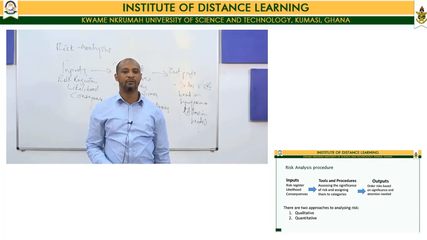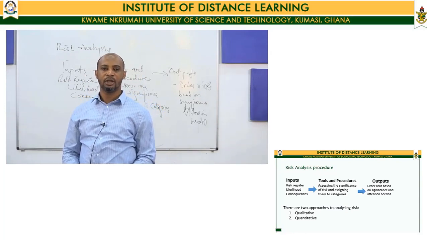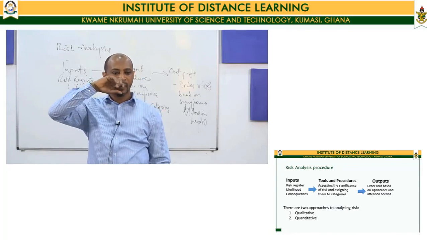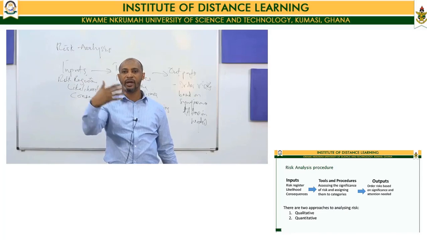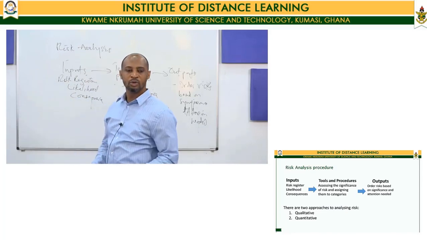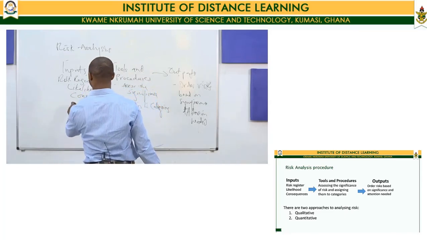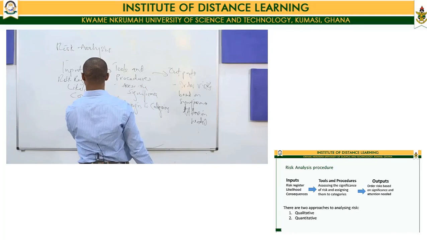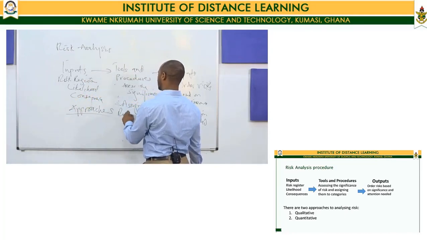Now, after you have analyzed the risk, what are the two approaches? When you have done this, what two approaches can you use to try and further your analysis of the risk? Of course, you know we can do two of them. So, approaches to what? Risk analysis.